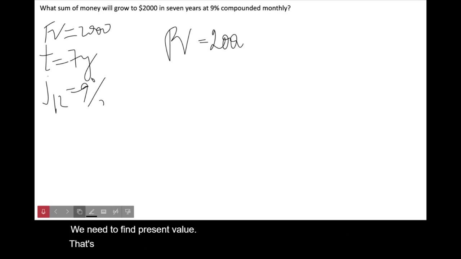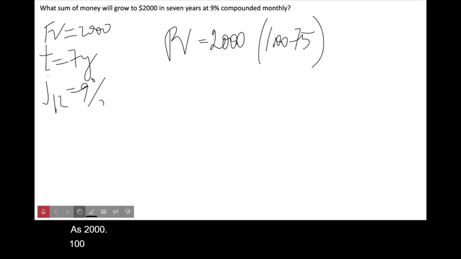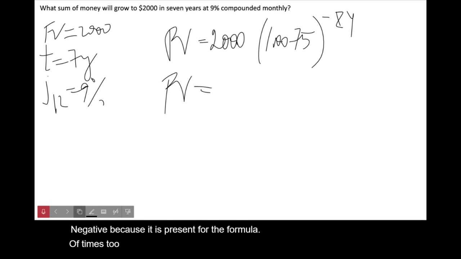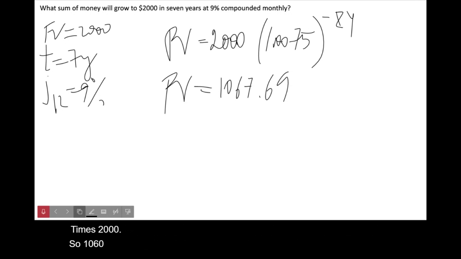That's 2,000 times 1.0075 exponent negative 84, because it is the present value formula, right? 7 times 12 is 84. So 1067.69, that's the amount we were looking for. Any questions?